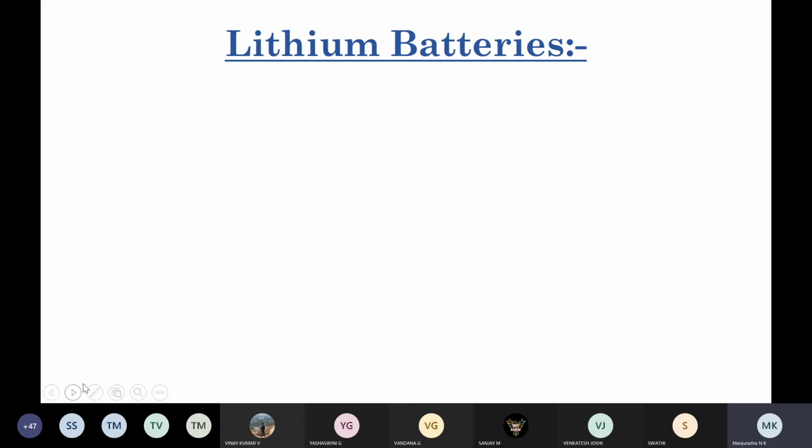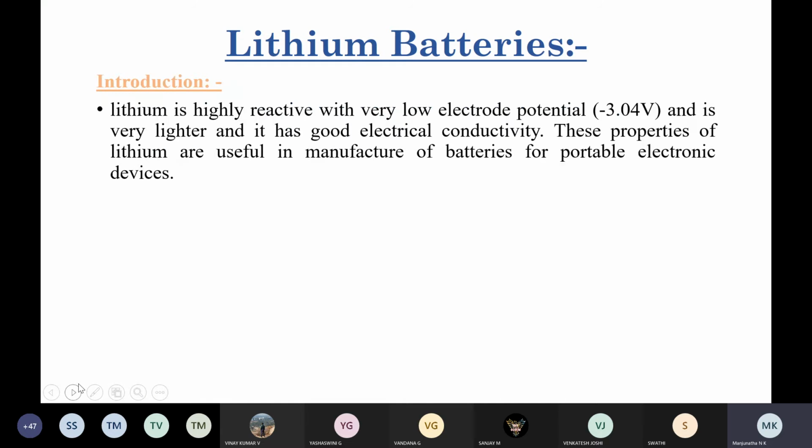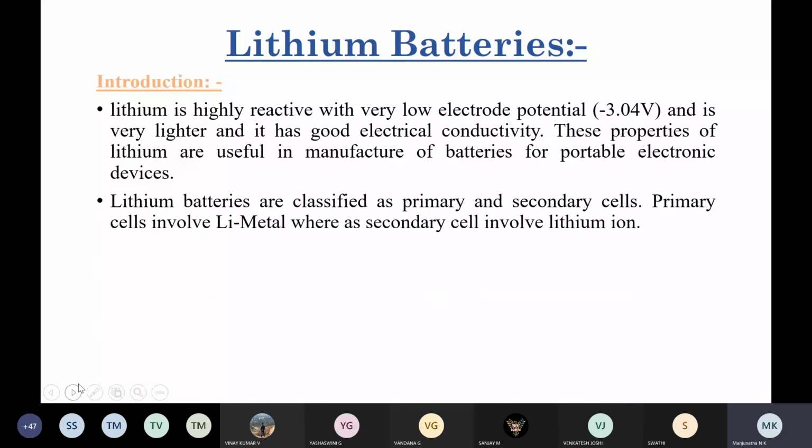In which batteries the lithium metal is used as one of the materials during construction, that type of battery is called a lithium battery. Lithium metal has a very low electrode potential, that is minus 3.04 volts.